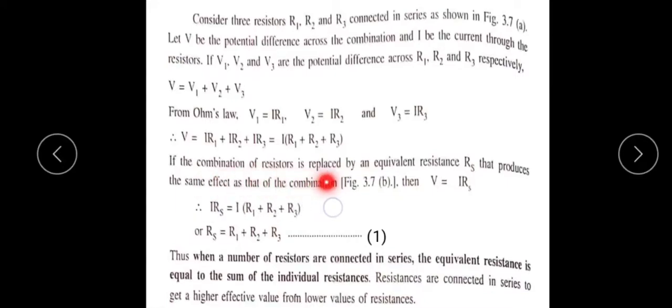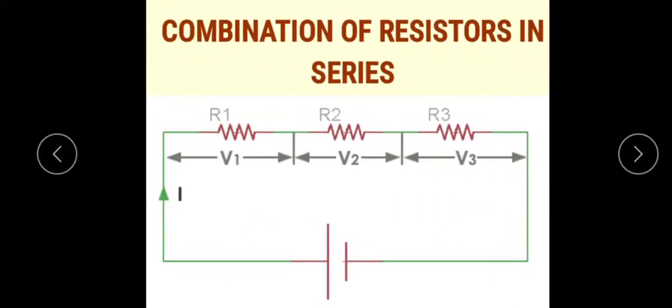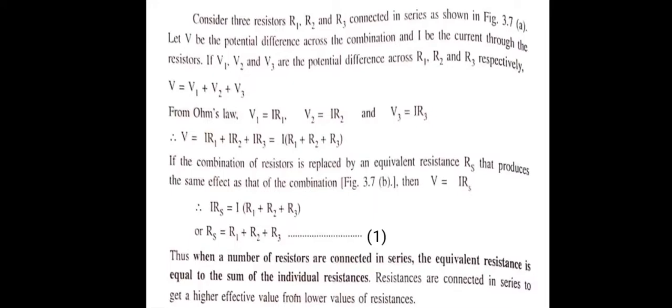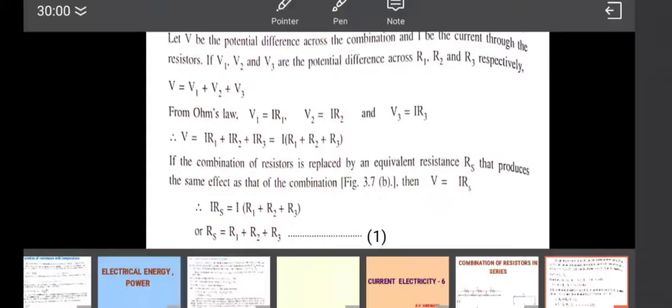Now, if the combination of resistors is replaced by an equivalent resistance Rs, that is, if we replace all these three resistors by one resistor, then V is equal to I into Rs, as shown in the diagram.